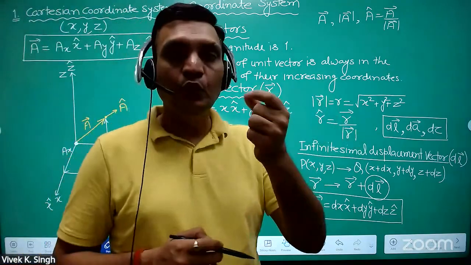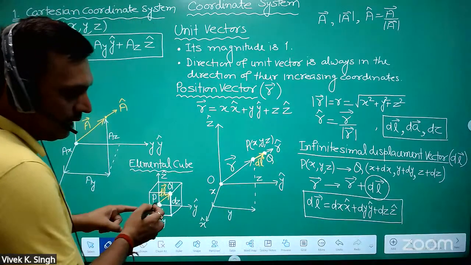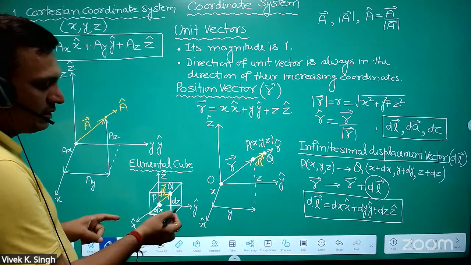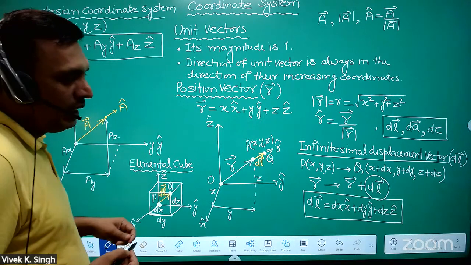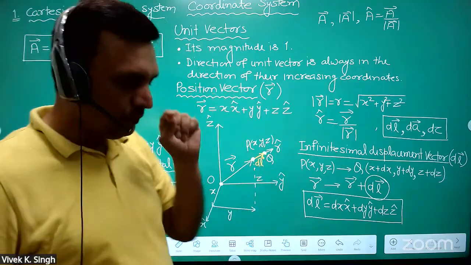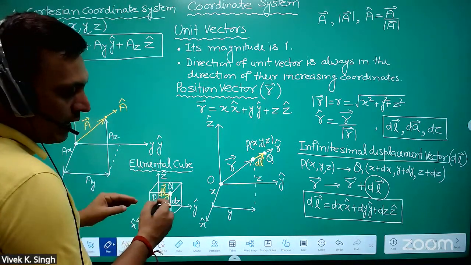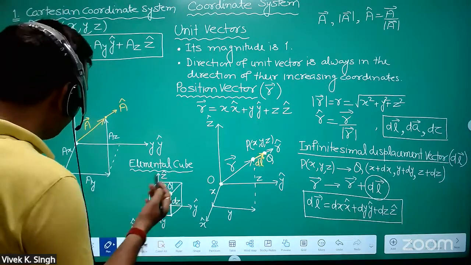So you have to remember the dl vector, and then visualize this elemental cube. Then you should write the volume element and the area element. Because this is an elemental cube, the volume of the elemental cube will be the volume element.